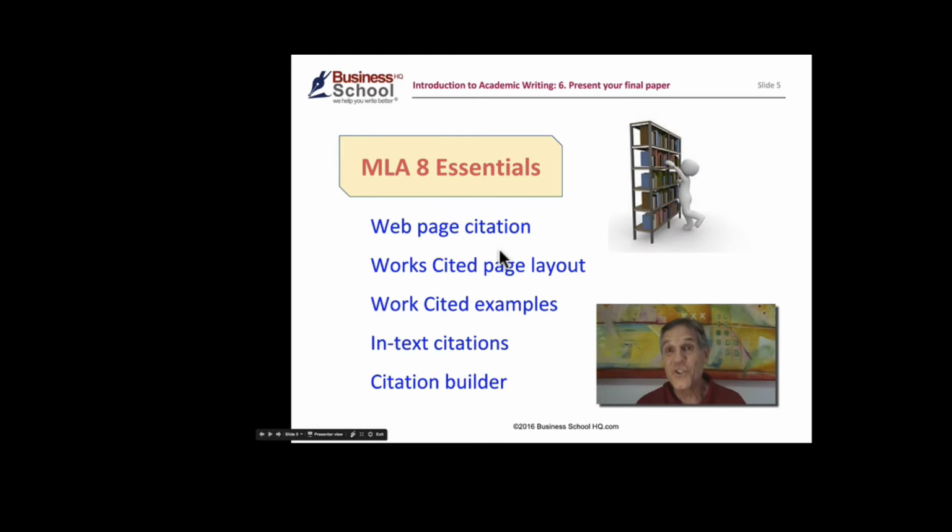Then we jump into the gist of the presentation, which has to do with showing a web page citation, showing a works cited page layout, showing works cited examples from different publications, showing how an in-text citation works, and finally using the citation builder, a really great tool for building your works cited page.